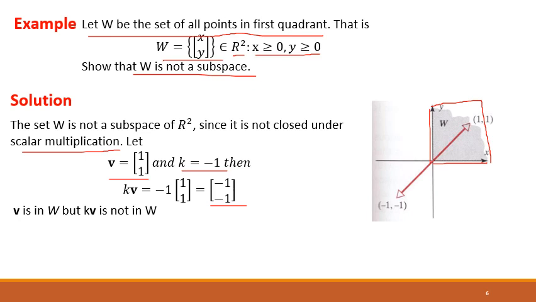This is not lying in the first quadrant; it is lying in the third quadrant. So v is in W, but kv is not in W. So we can say that W is not a subspace because it is not closed under scalar multiplication, which is property C of a subspace.